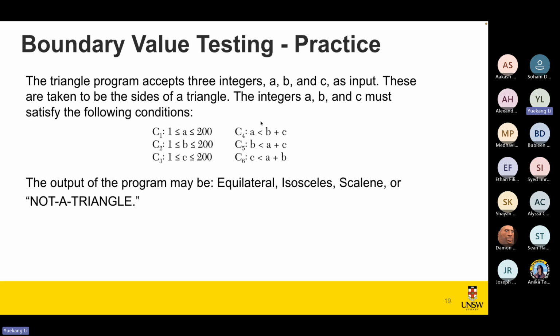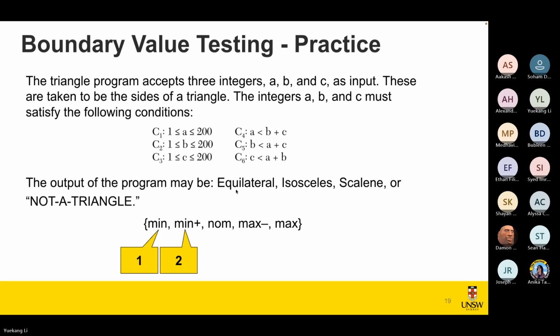And in order for them to form a triangle, they must be satisfying this mathematics constraint, right? And the output of the program is the shape of the triangle here. So if all the sides are the same, then the shape is equilateral.